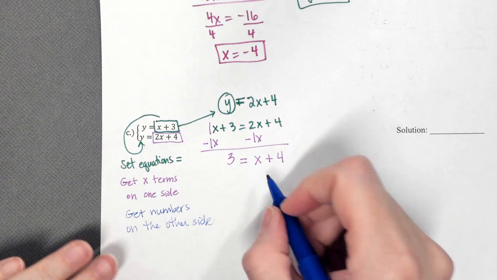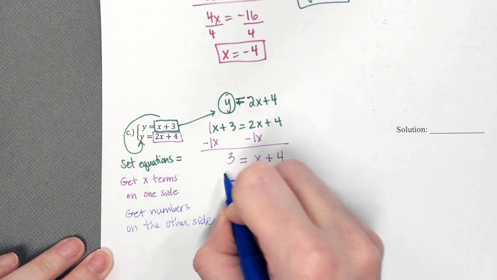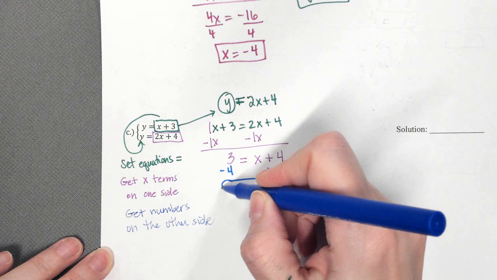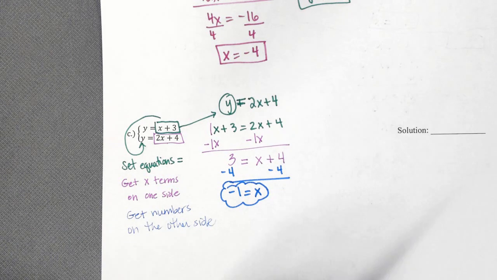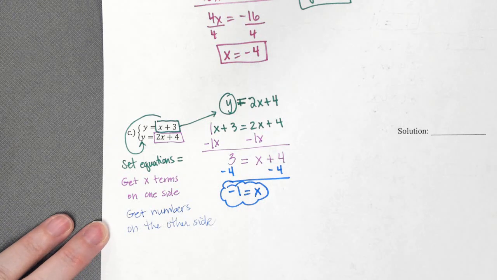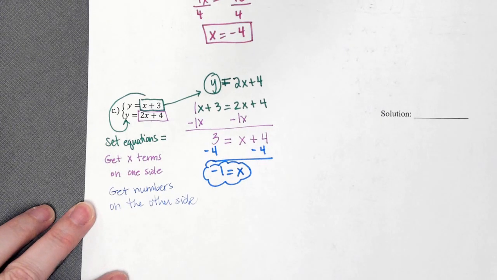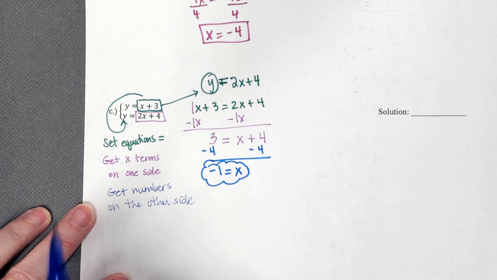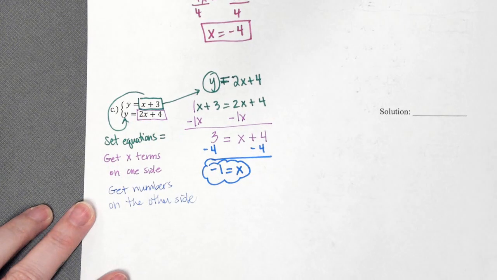Okay, so then all we're going to do is subtract 4. Okay, so then our x value is going to be -1. 3 minus 4 is -1. Okay, and then just like we did last time, you're going to plug it into an equation. And here's the great part.